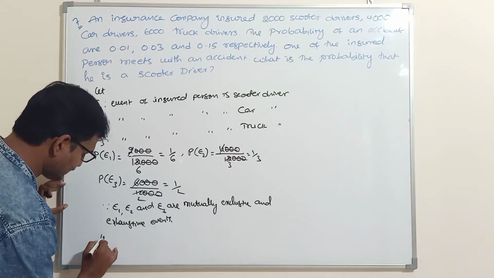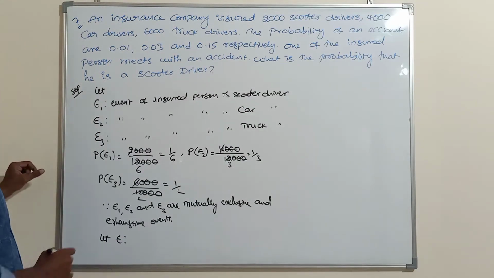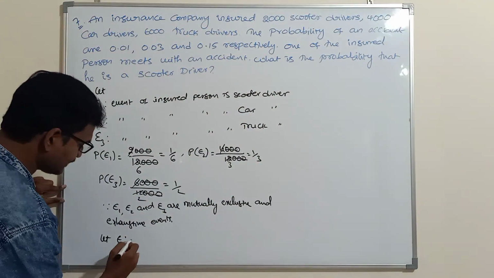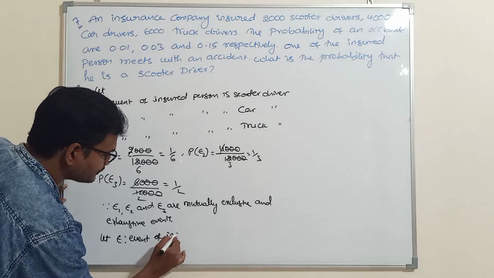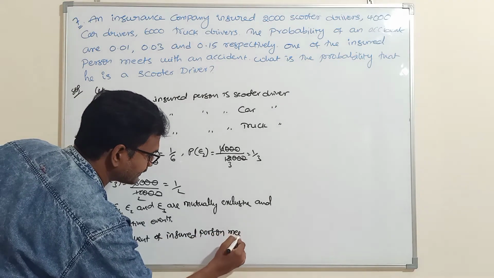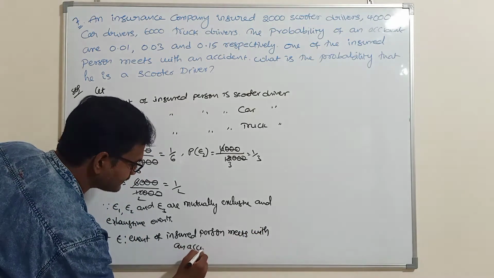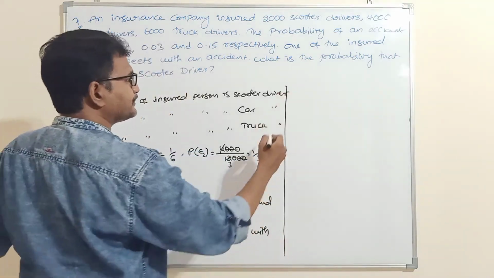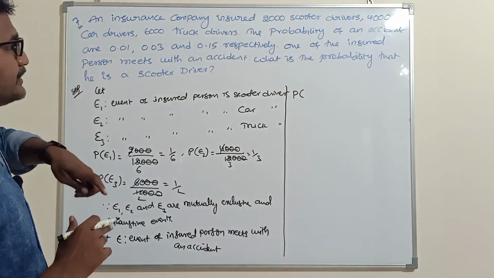Next, let E be the event that the insured person meets with an accident. One of the insured persons meets with an accident. What are we to find?